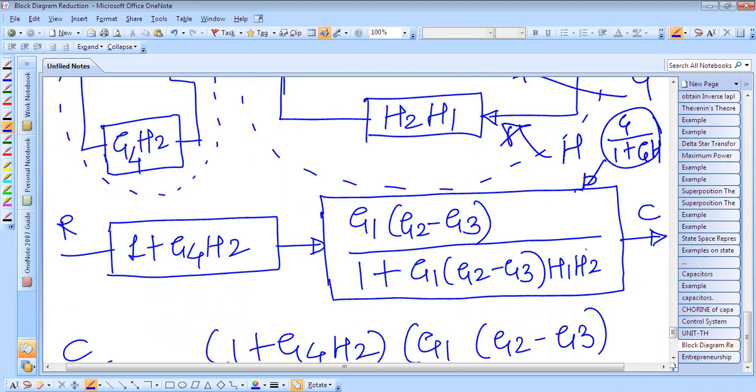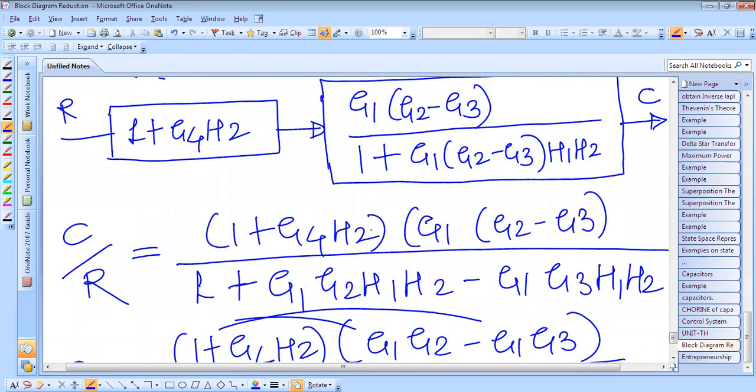Now there are two blocks, and they are in cascade. Again we can multiply these and find the transfer function, that is, output by input, C by R. I have found that C by R is this into this.